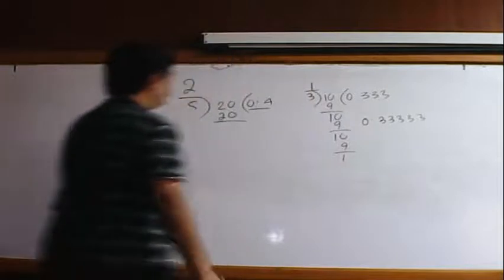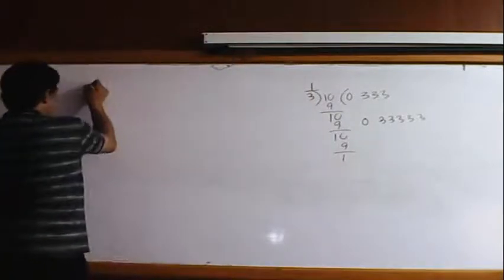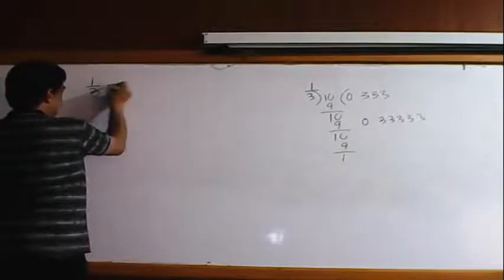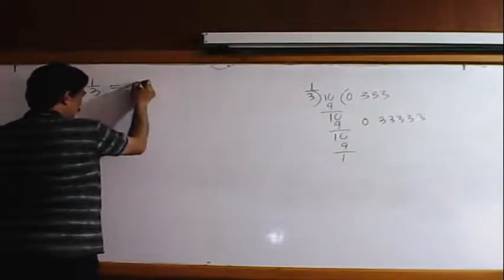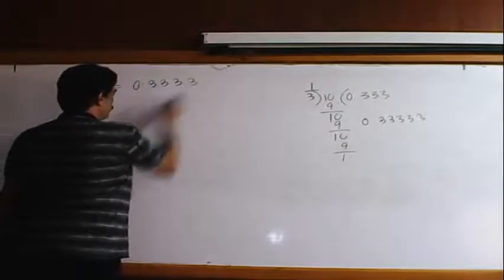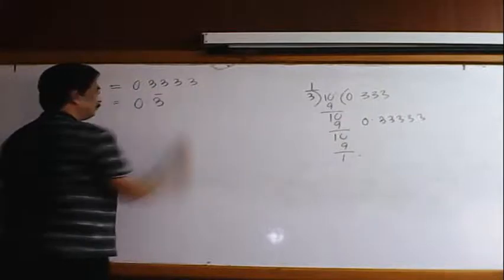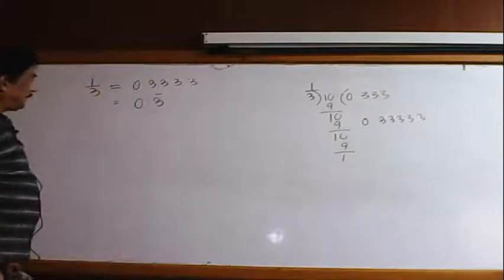So first of all, you have to write 1 by 3, the result is 0.33333, or we can write 0.3 recurring. 1 by 3 in terms of recurring is 0.3.